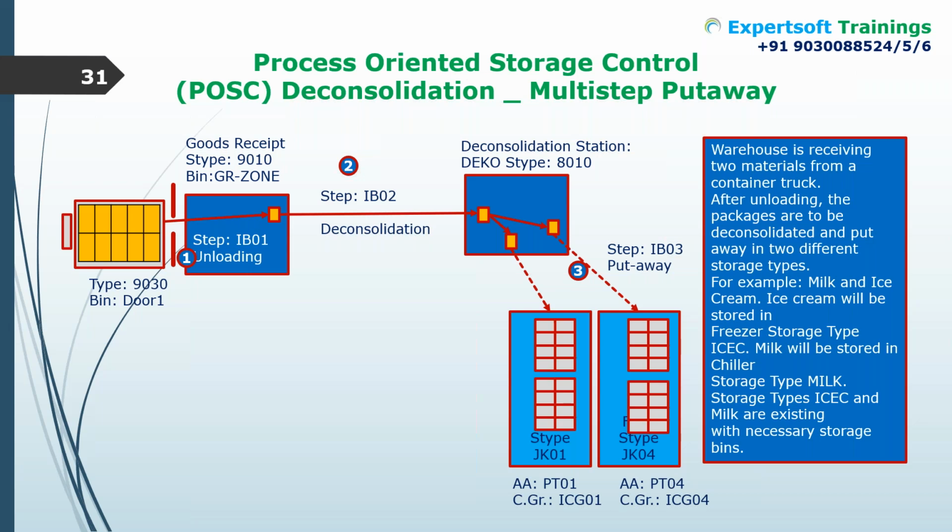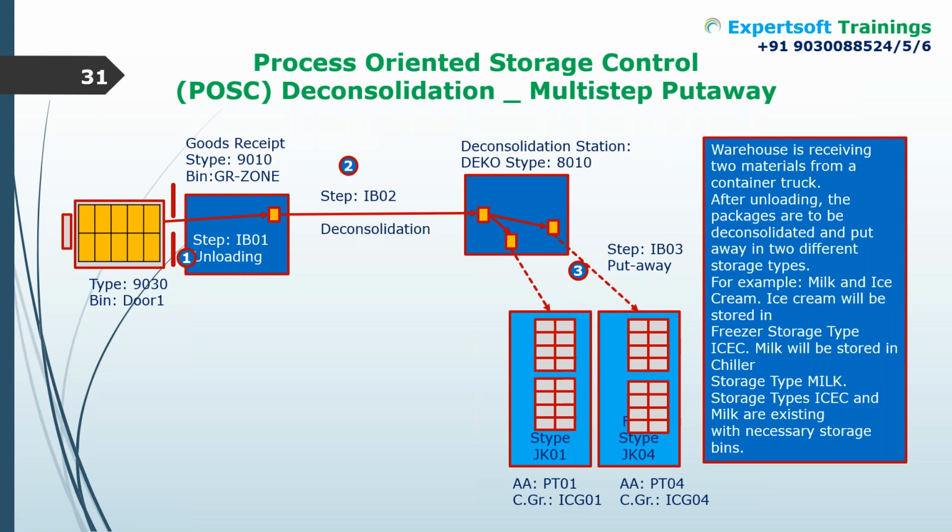You cannot store that whole pallet in your storage type, because you need to organize your warehouse so that each product has a separate area. For example, product A has storage type JK01 and product B is going to be stored in JK04. What you have to do is separate both products from the pallet and repack them again. That process is called a deconsolidation process.